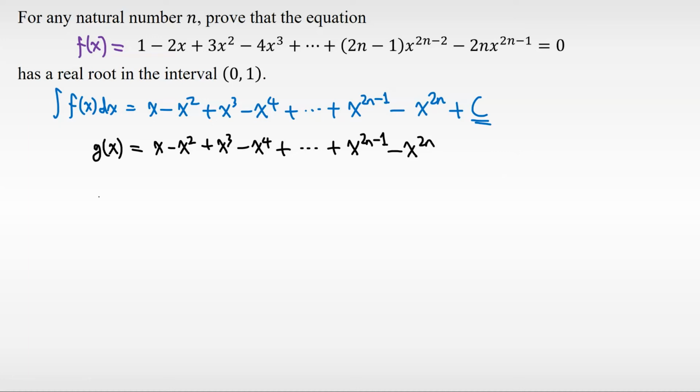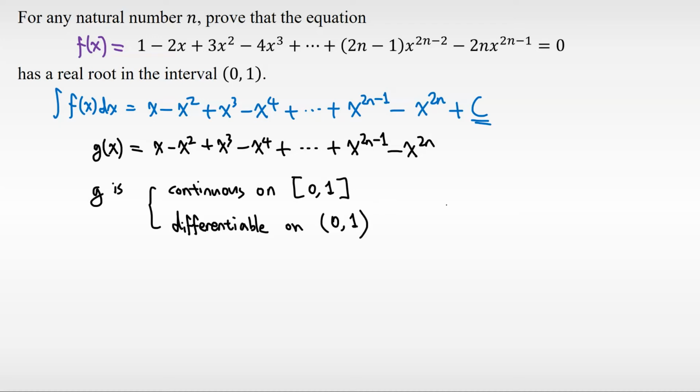Now let's check some conditions. g(x) is a polynomial function, so it is indeed continuous on the closed interval [0, 1] and differentiable on the open interval (0, 1). Moreover, g(0) is obviously 0 and g(1) is 1 minus 1 plus 1 minus 1 plus, and we have an even number of terms, so we have 1 minus 1, which is also 0.